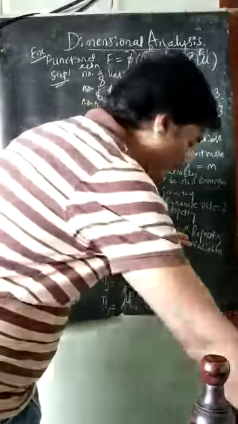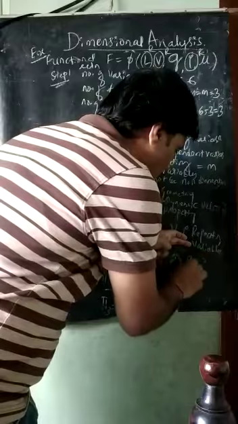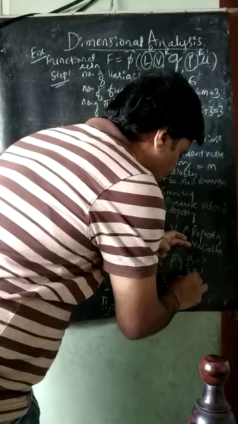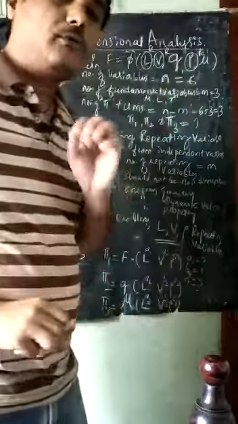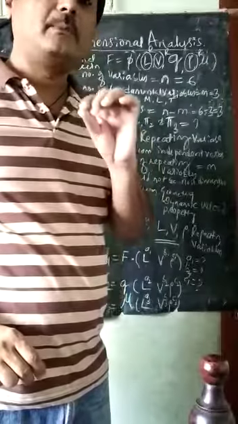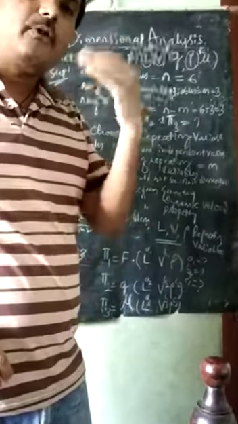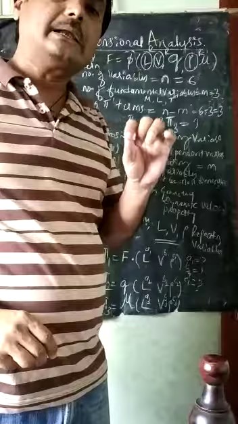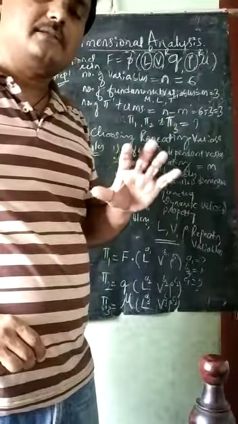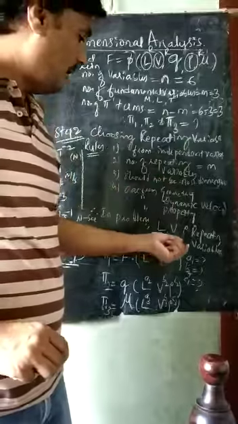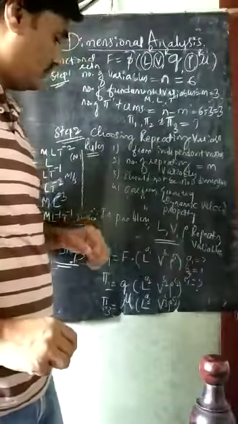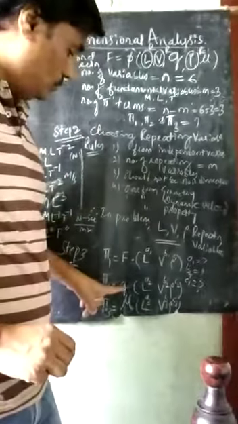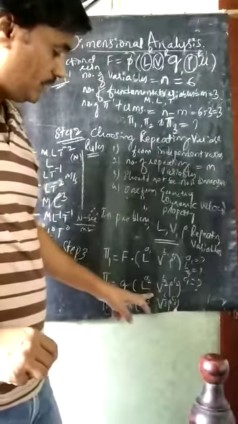Here we need to find the values of A1, B1 and C1 by the rule of dimensional homogeneity, as we did in the Rayleigh method, that is, comparing the powers of MLT on the RHS and LHS.